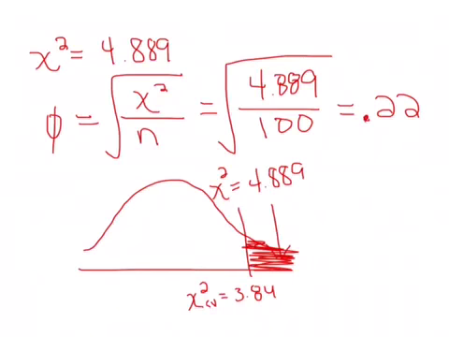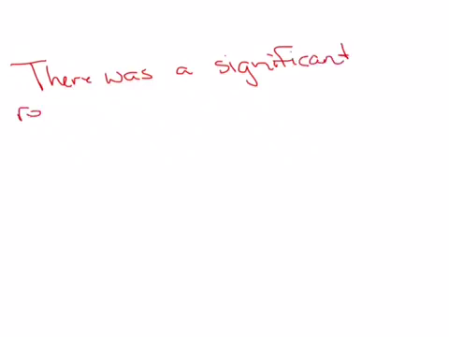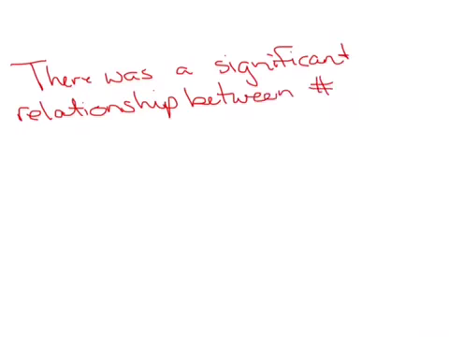So we're going to write our results. And it's pretty simple in APA format. So I'm going to write, there was a significant relationship between number of siblings and personality.